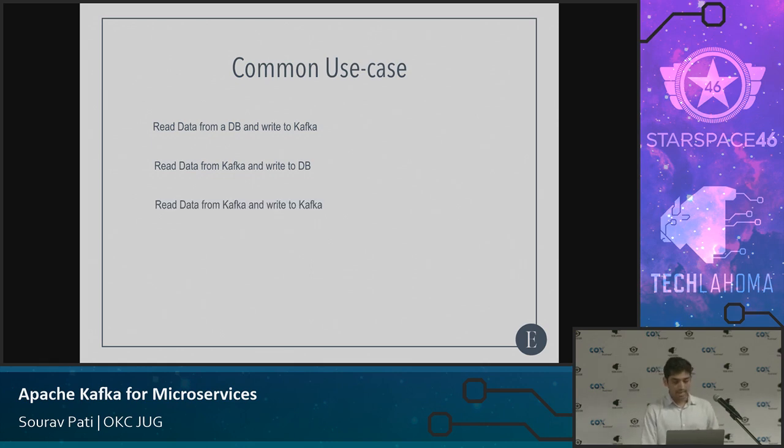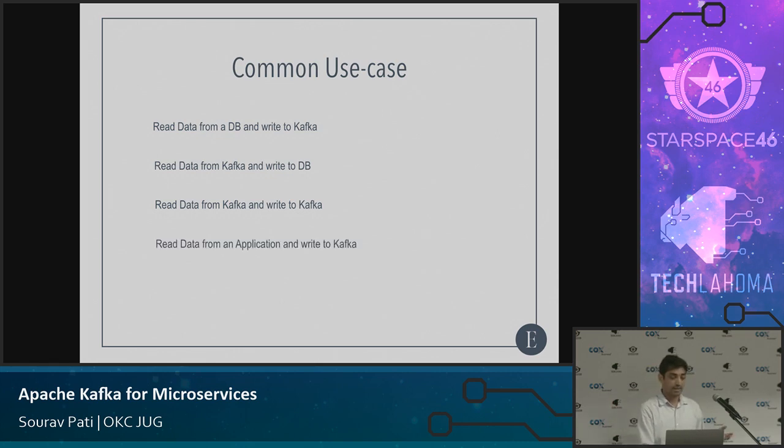And then you have read data from Kafka and write to Kafka. That might also be a use case. We'll see in a second how that is possible, and how easy it is to make this communication between topics within Kafka.